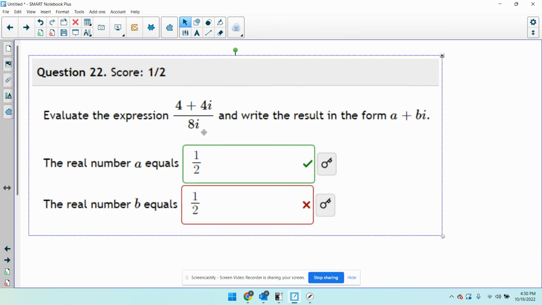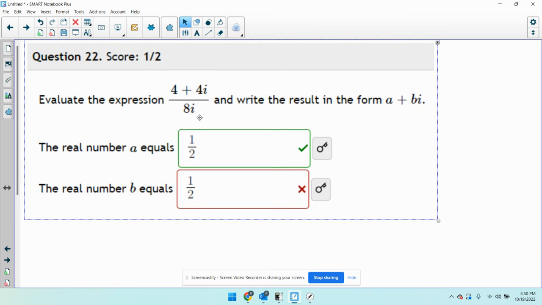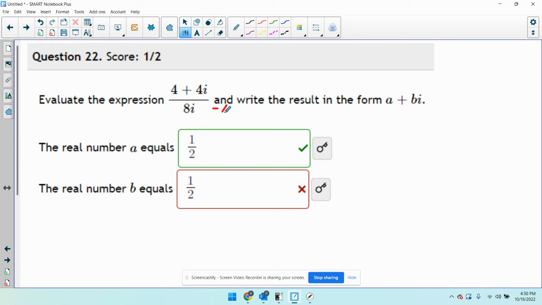This one, I believe you might just need to check your signs. If you multiply the top and bottom by negative 8i, so the top becomes negative 32i minus 32i squared over negative 64i squared.